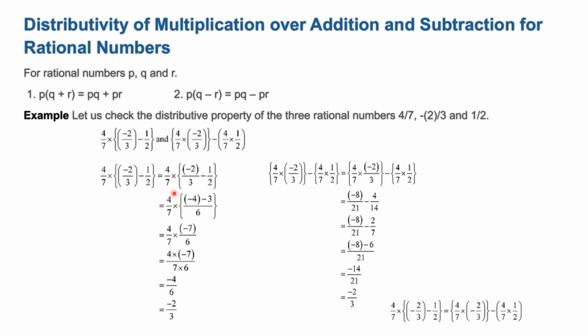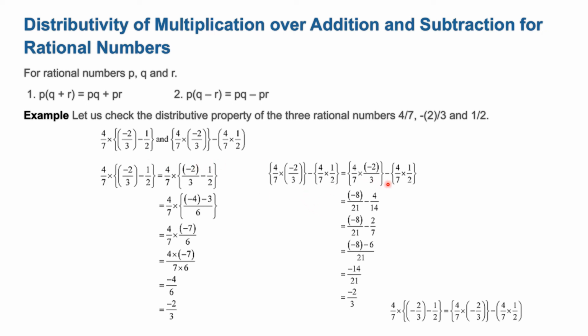Just see this first one. First of all, we solve this bracket, then we do the multiplication. This is the left hand side we have solved. Now see the right hand side.